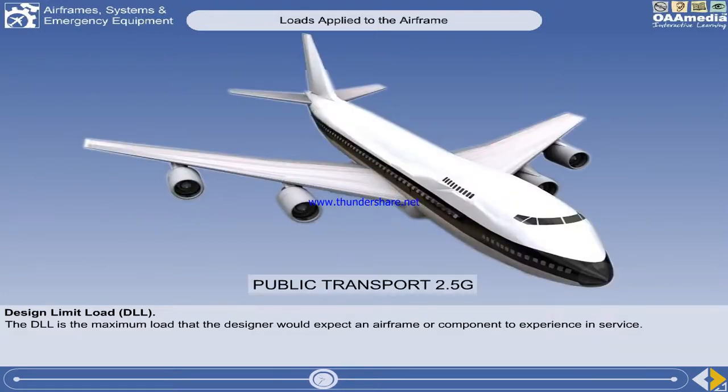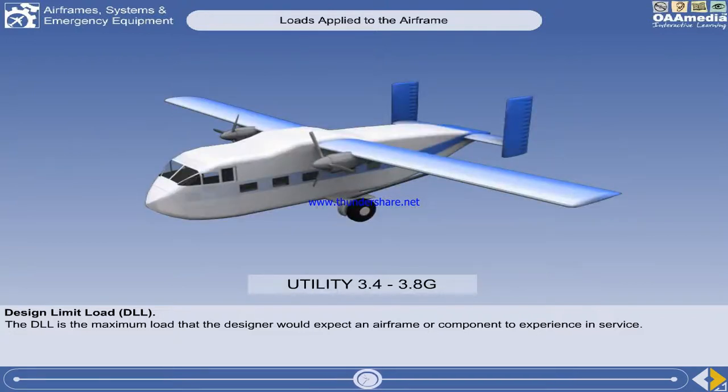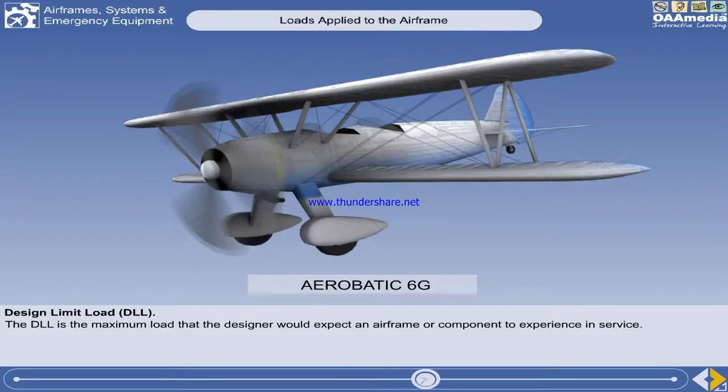The design limit load is 2.5g for public transport aeroplanes. The design limit load is 3.4 to 3.8g for utility aircraft, and 6g for aerobatic aircraft.